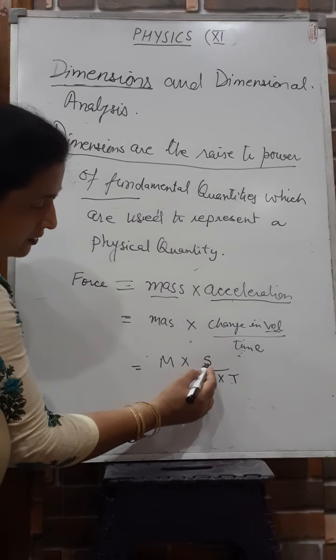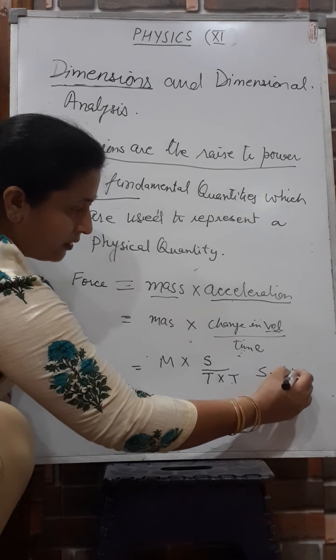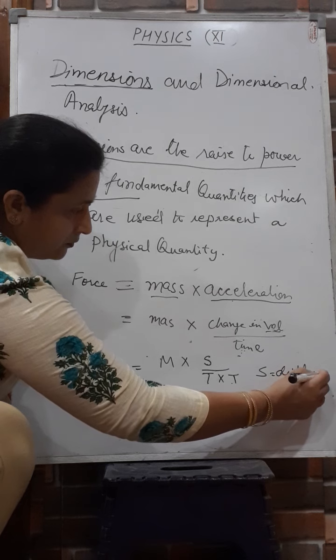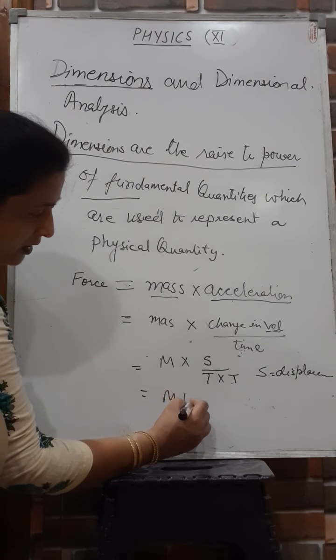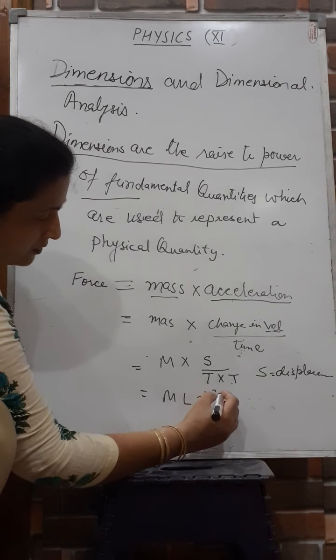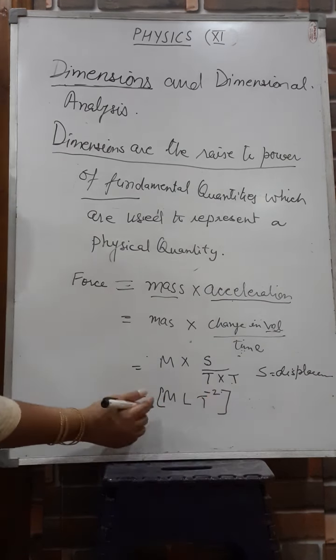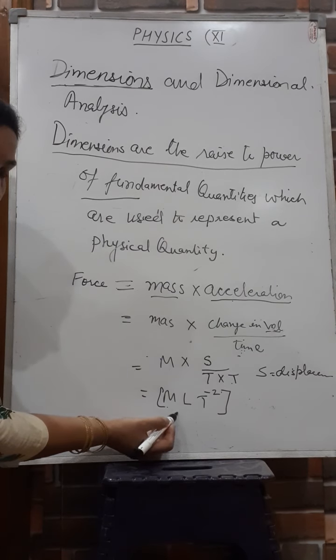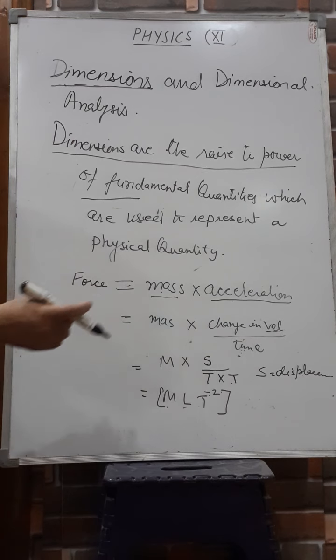Now s is displacement, and displacement is also a length. So I can write M into L into T minus 2. So force has one dimension in mass, one dimension in length, and minus 2 dimensions in time.